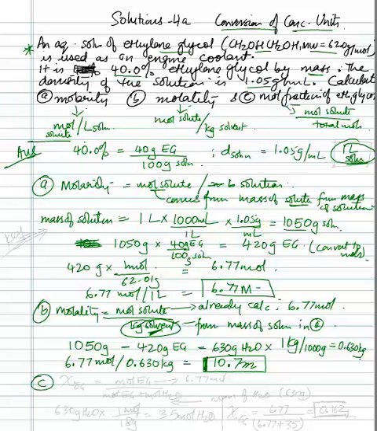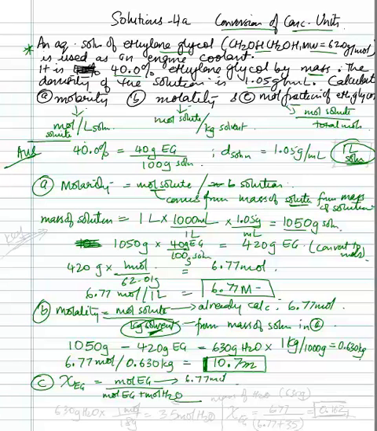Now for the last part, which is the mole fraction of ethylene glycol. Remember, mole fraction is given by this funky looking X. So now we need moles of ethylene glycol divided by the total moles, which is moles of ethylene glycol plus moles of water. So we already have the moles of ethylene glycol, that is 6.77 moles.